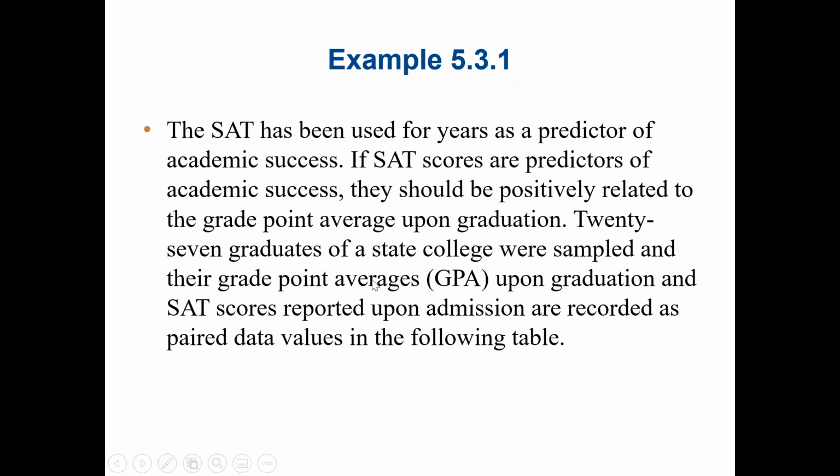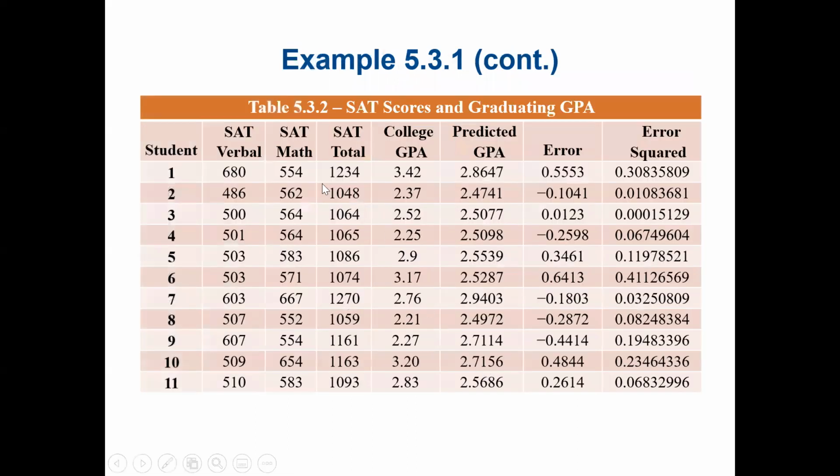Now, 27,000 graduates of a state college were sampled, and their GPA upon graduation and SAT score reported upon admission are recorded as paired data values in the following data. Paired data values means we have two variables. So these are the students, this is their SAT score, their college GPA, and then the predicted GPA.